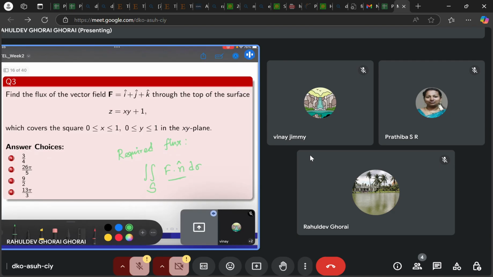So f dot n you will know because n depends on this function. D sigma also depends on this function. This is gradient of f, modulus of gradient f over gradient f dot p. All those things you will have to find out anyway.